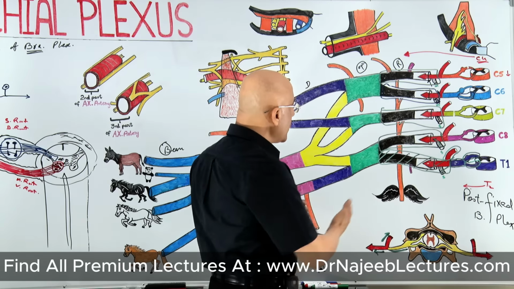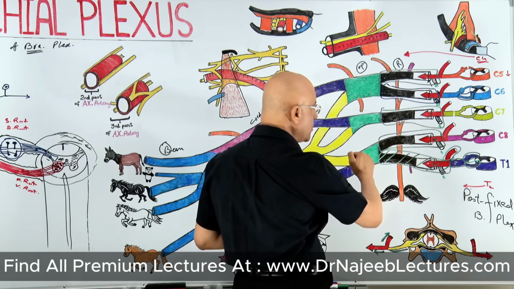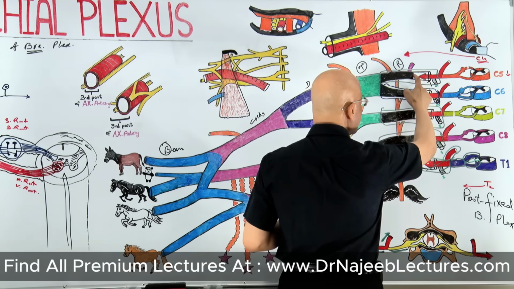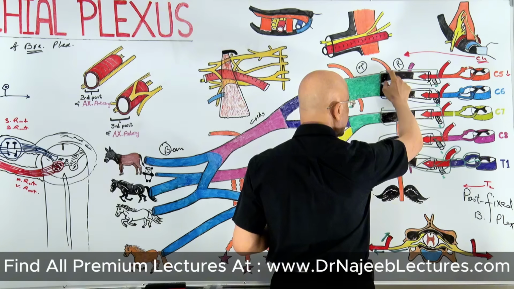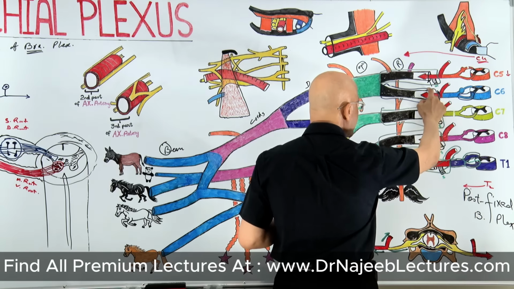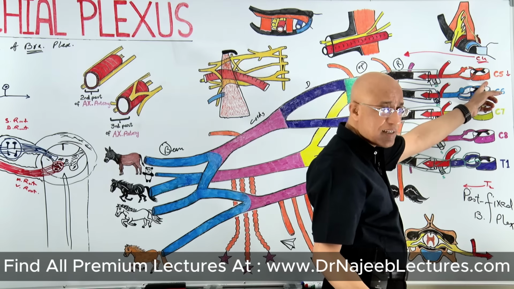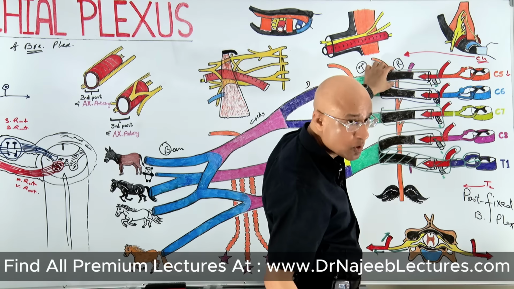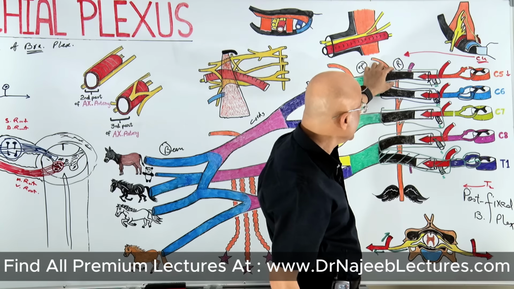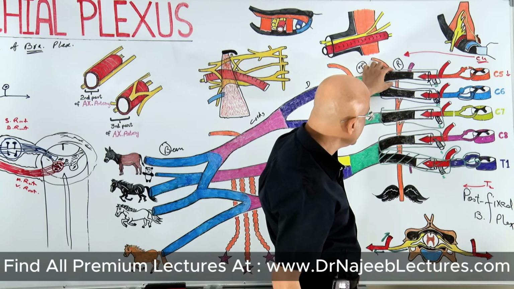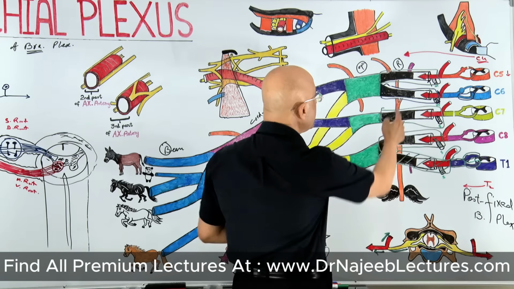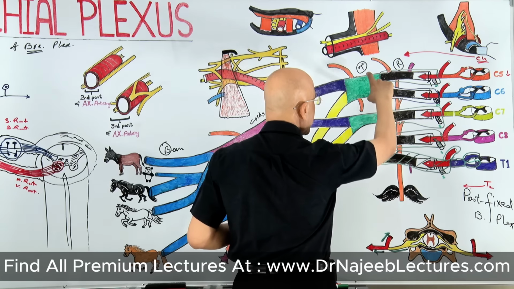Now, once these roots come out, the root from C5, all fibers in the C5 and C6 root. This is the C5 spinal segment. This is the C5 root, right? Now this C5 root and C6 root, they fuse with each other and make an upper trunk.